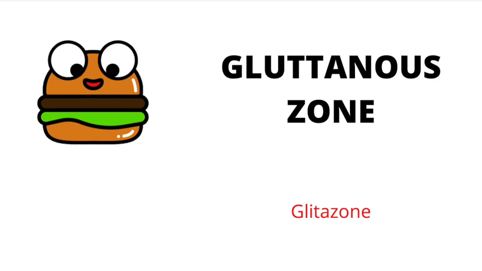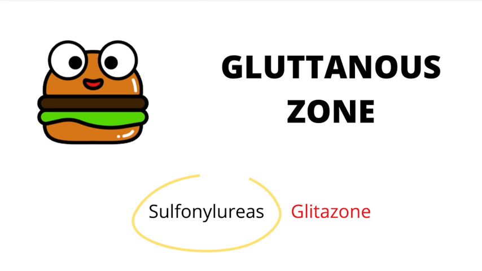But the glitazones aren't the only drug class that belongs to this gluttonous zone. Sulfonylureas also are associated with weight gain. So I truly hope that this gluttonous zone helps you to remember the drug classes that are associated with weight gain. Now let's move on to question number 2.